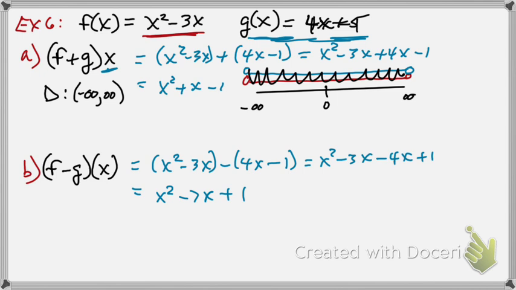That means the overlap is everywhere. So the domain's going to be same as it was above, right? Just subtracting them doesn't change that. You think multiplying will? You think division will? Let's see.